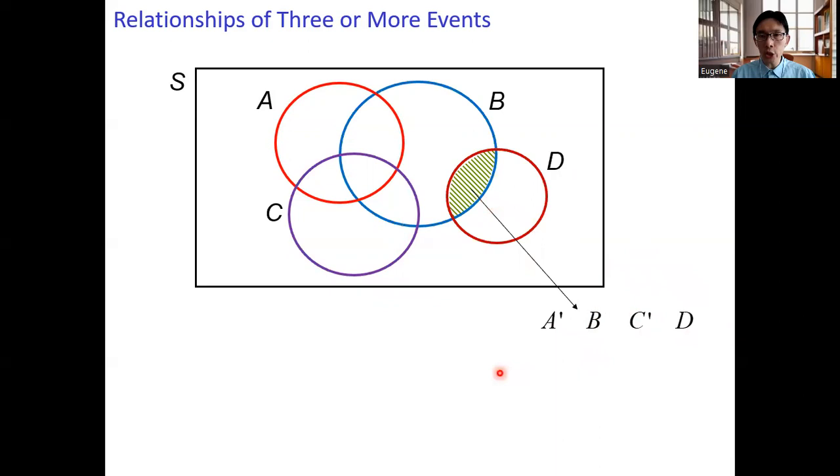This is the intersection of the complement of event A, event B, the complement of event C, and event D.